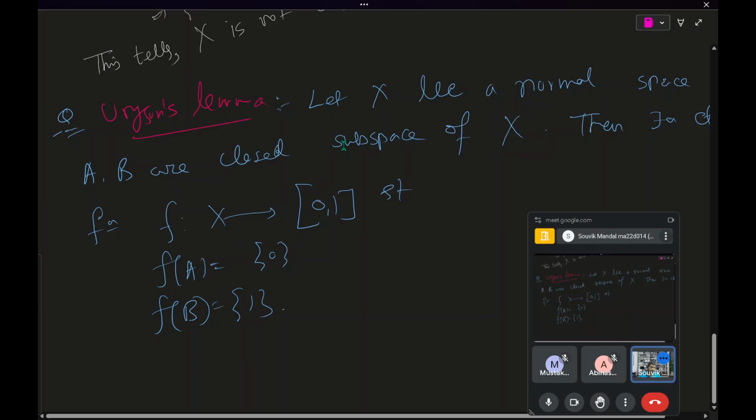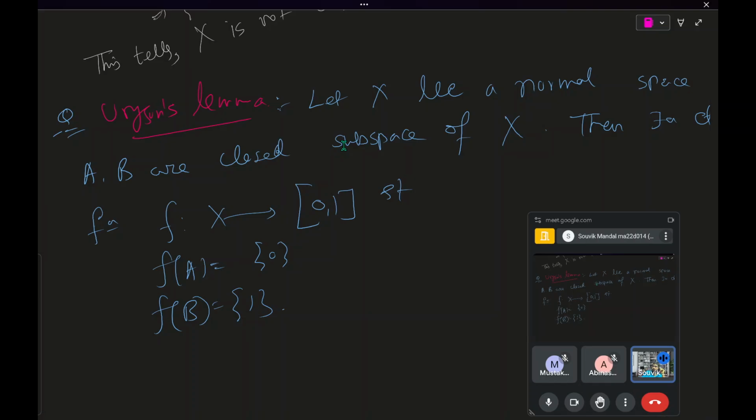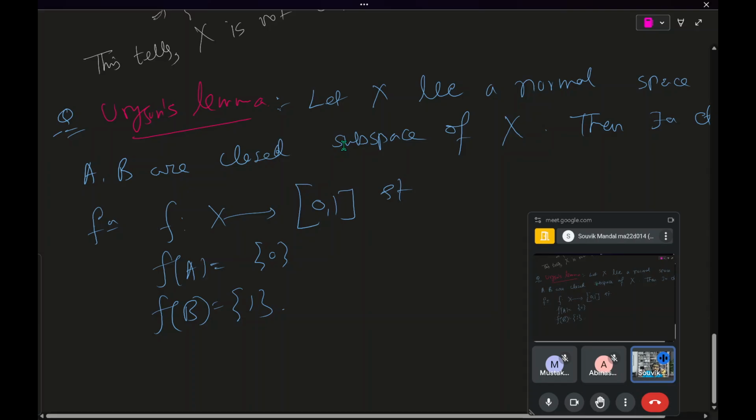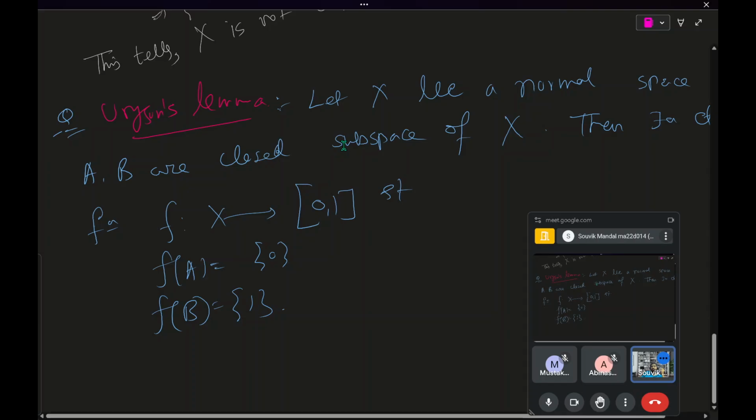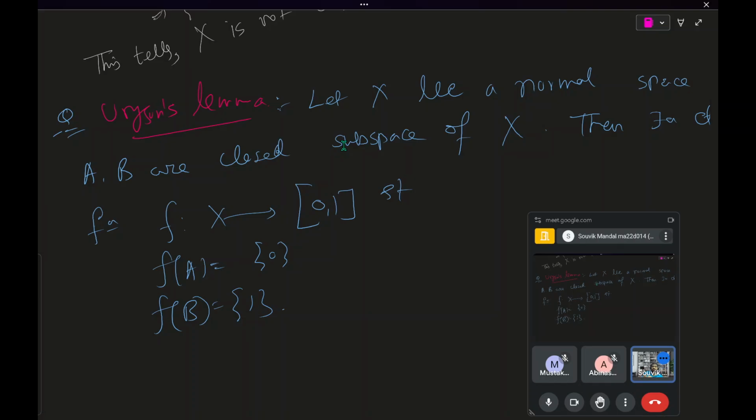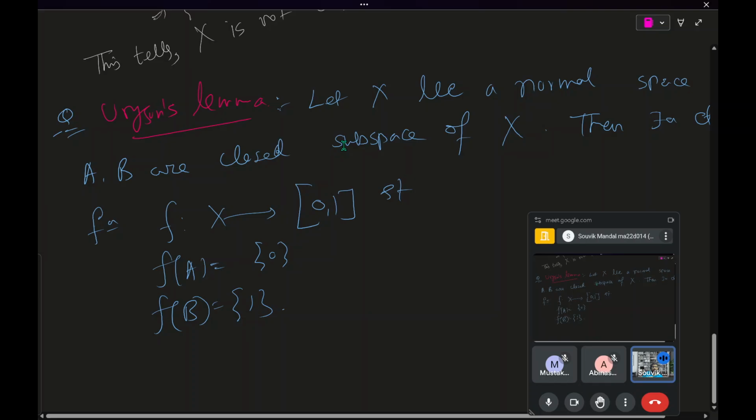The topological proof is quite different, but let's not get into that. Let's look into the proof for the metric space.